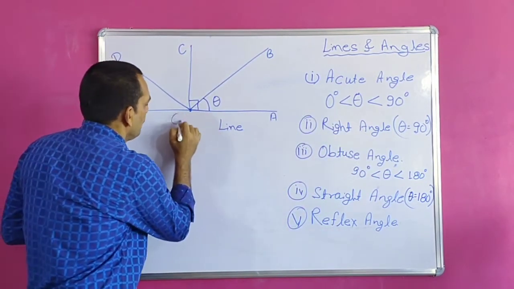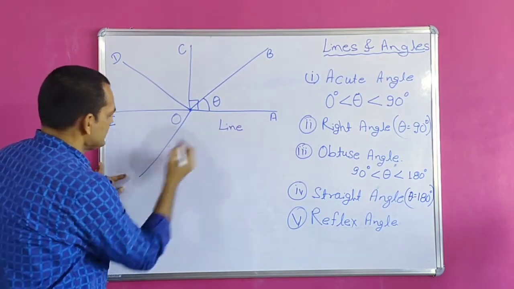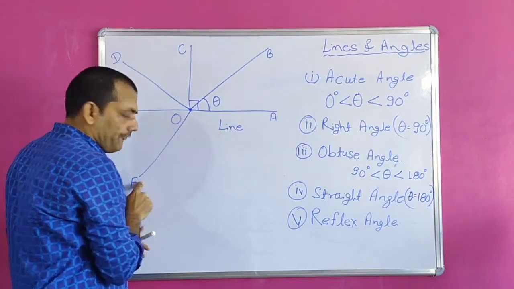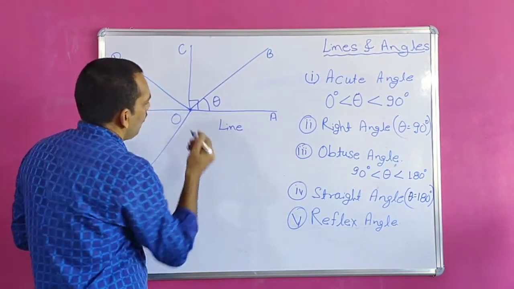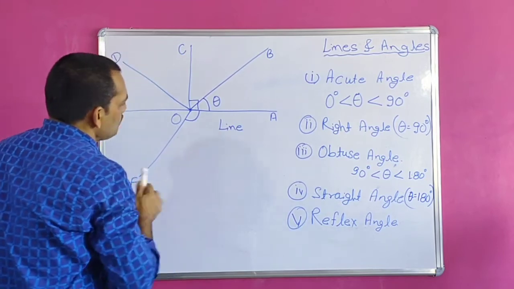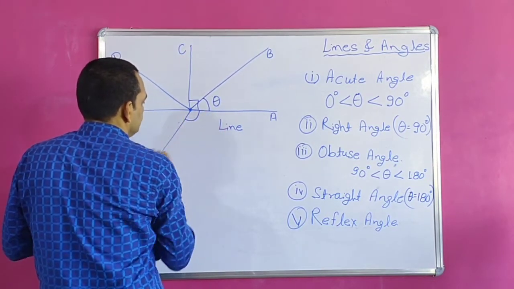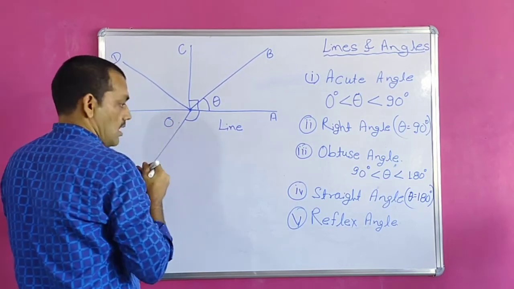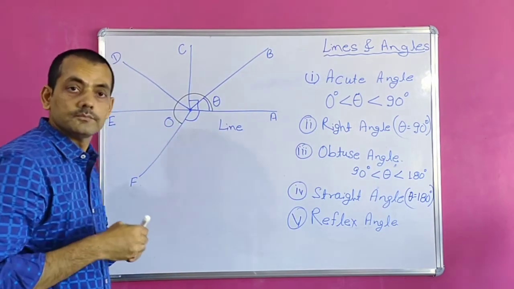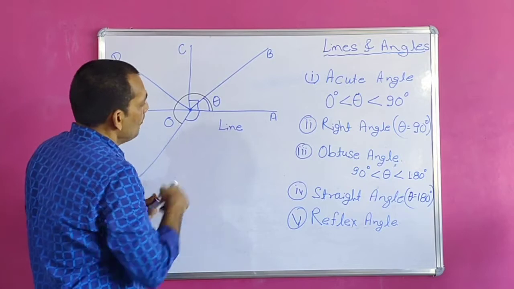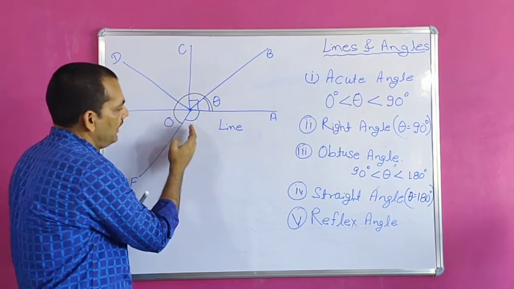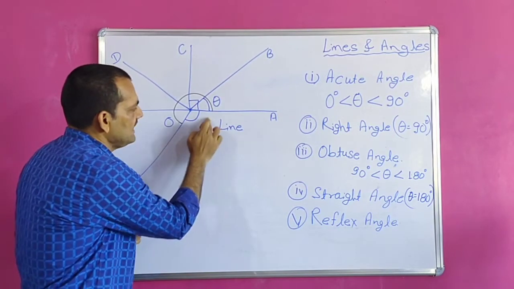For this, draw a line somewhere. Let's say F. Now, in the case of AOF, there are two angles. One is this one, and the second one, I'm drawing with a black pen, is this angle. This one is more than 180, so angle AOF is a reflex angle, while the inside one is an obtuse angle, less than 180.